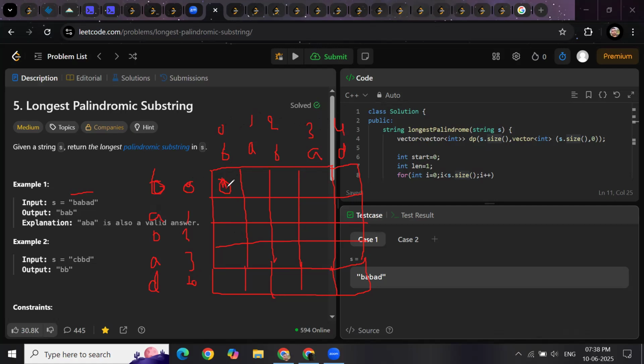So this cell is representing a string starting at 0 and ending at 0. This cell is representing a string starting from 0 and ending at 1, and this cell is representing a string starting at 0 and ending at 2, and so on further also.